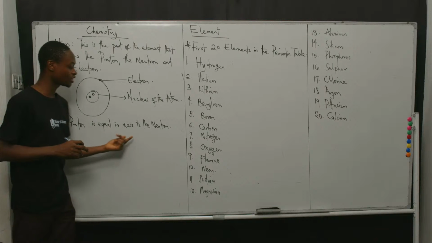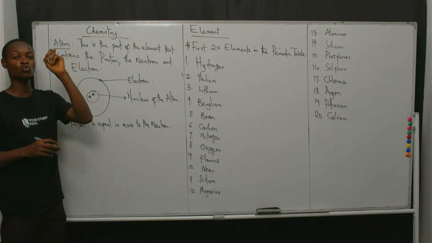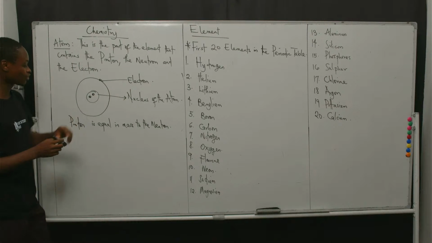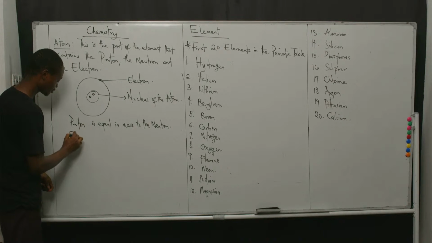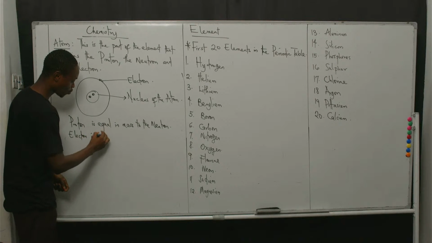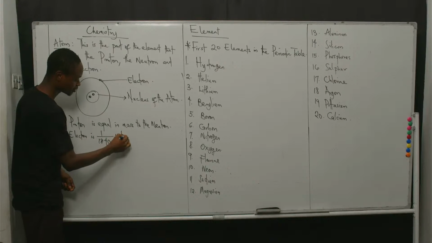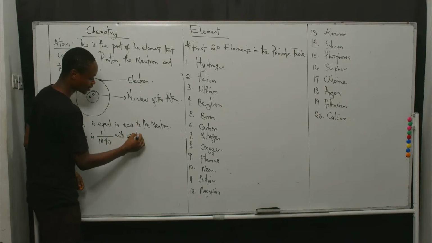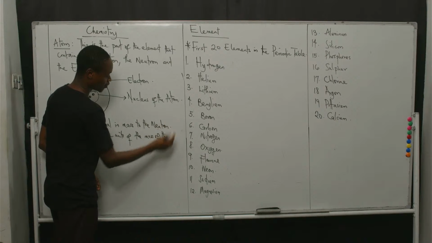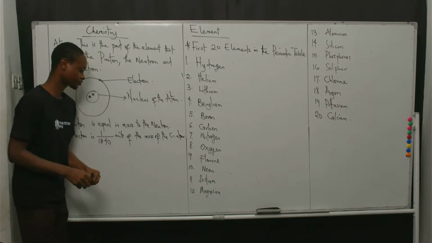So the proton is equal in mass to the neutron. We usually say it is exactly 1 unit of the carbon atom, whereas the electron is 1/1840 units of the mass of the carbon atom.